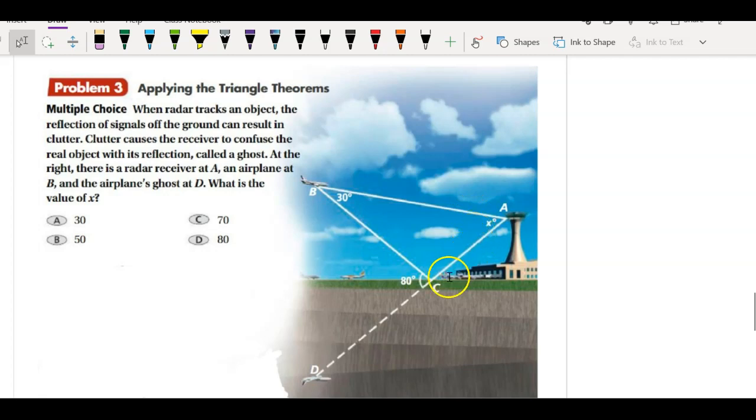Well, I see that my exterior angle is 80. This is 30 degrees. I know that the sum of these two angles has to give me 80. So 30 plus what gives me 80? 30 plus 50. And that's it.